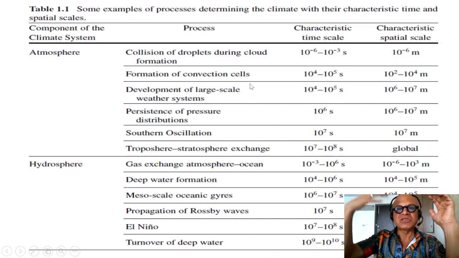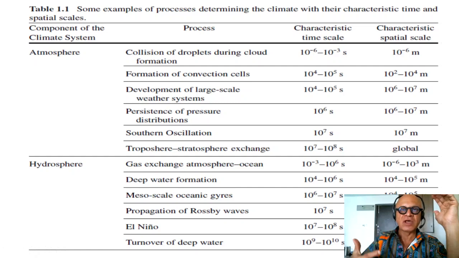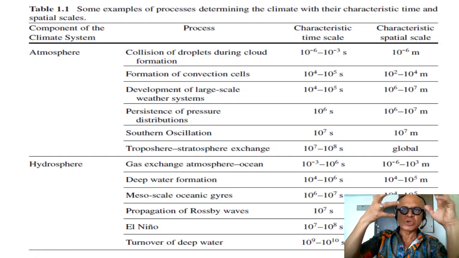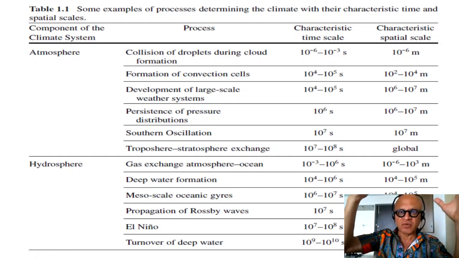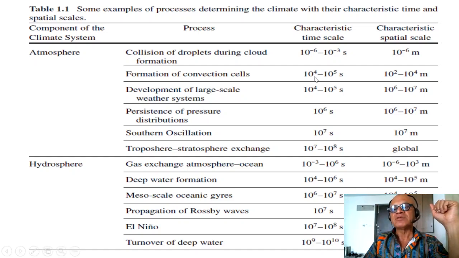Formation of convection cells in the atmosphere, when hot air rises with the moisture, expands, cools, forms clouds and rains. That happens at 10 to the 4 to 10 to the 5 seconds. So you can see the range of time scale here going from 10 to the minus 6 to 10 to the 5. Boom! 11 orders of magnitude.